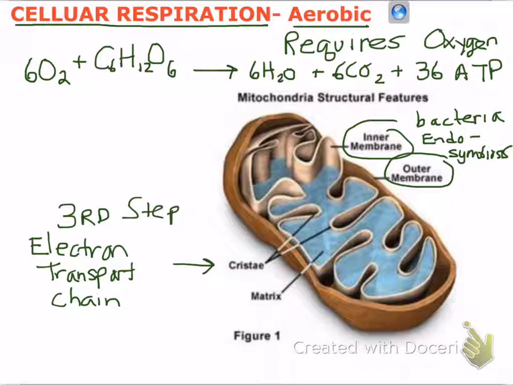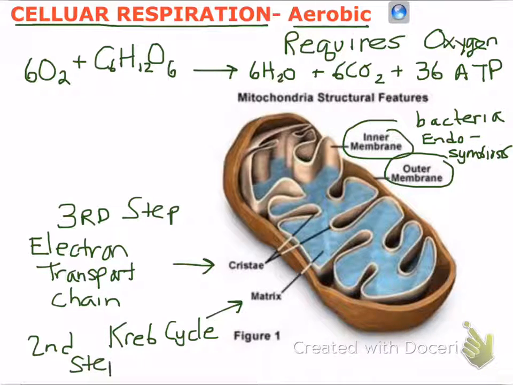And the matrix, which is this blue space in between, is where the Krebs cycle takes place. The Krebs cycle is the second step of cellular respiration. So if you can remember that the folds are called the cristae and the matrix is where the Krebs cycle occurs, that will be very helpful.